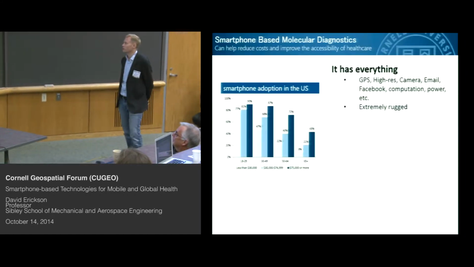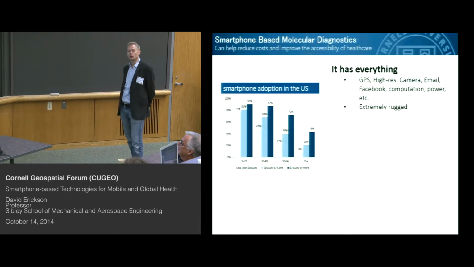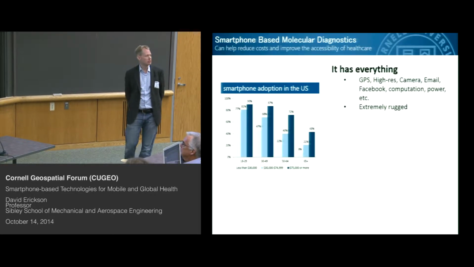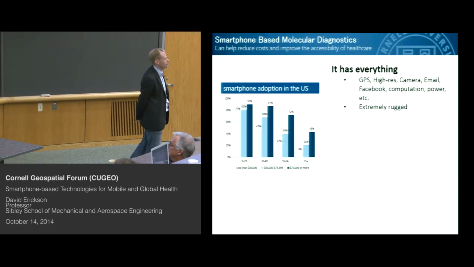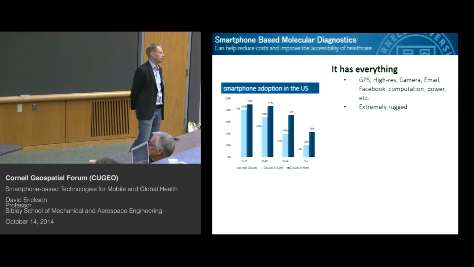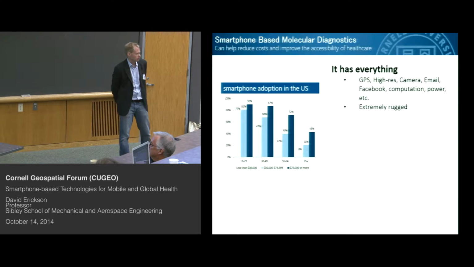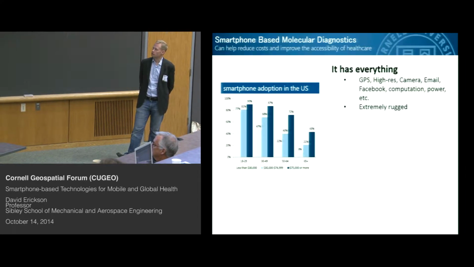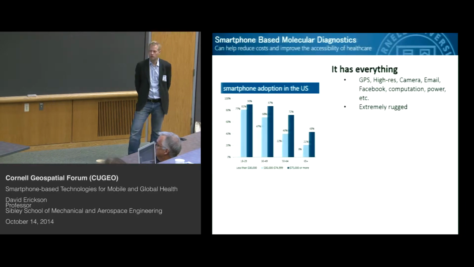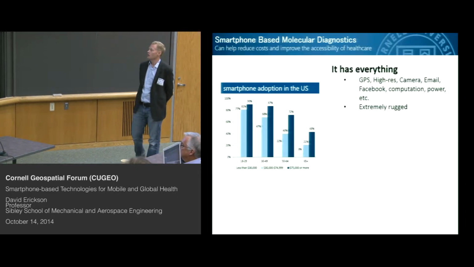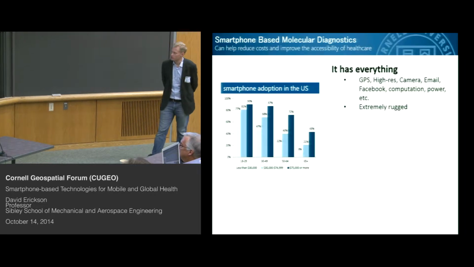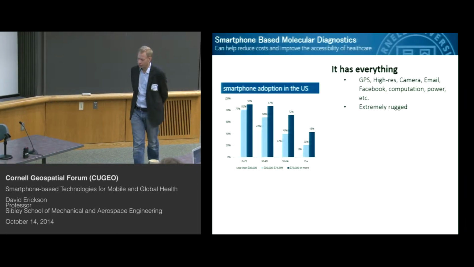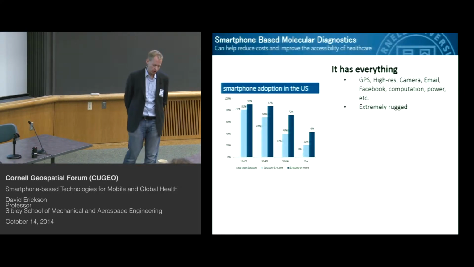So why smartphones? Just to make the case. Again, from the GIS perspective here, it's maybe pretty obvious in the sense that it has a lot of features that, for example, if you want to take population level data that we'd be able to extract, you can both geolocate that and locate that in space and time. If you were a user, you're interested maybe in linking up with Facebook. There's a lot of computational power, et cetera. From a user point of view, it's also extremely rugged.